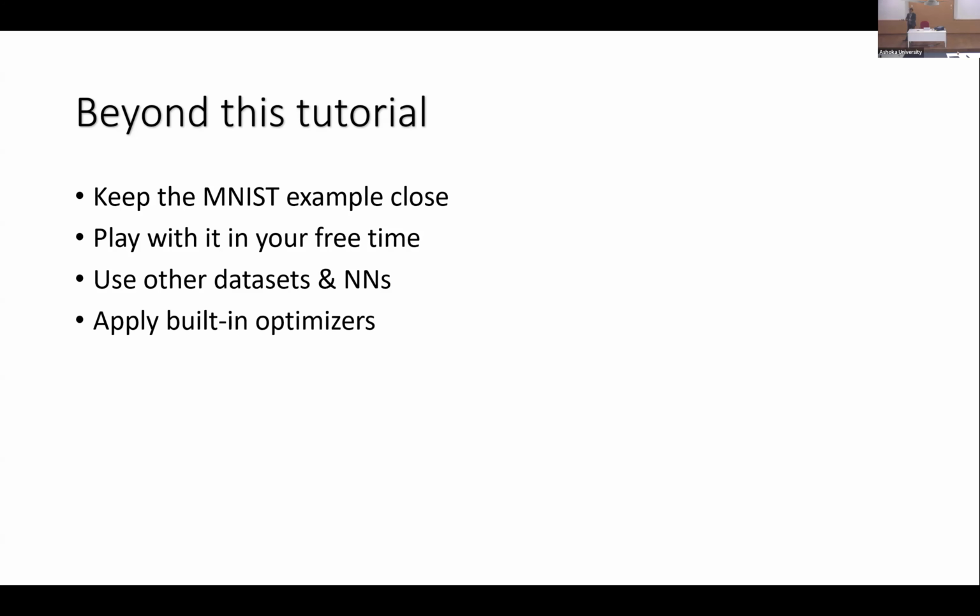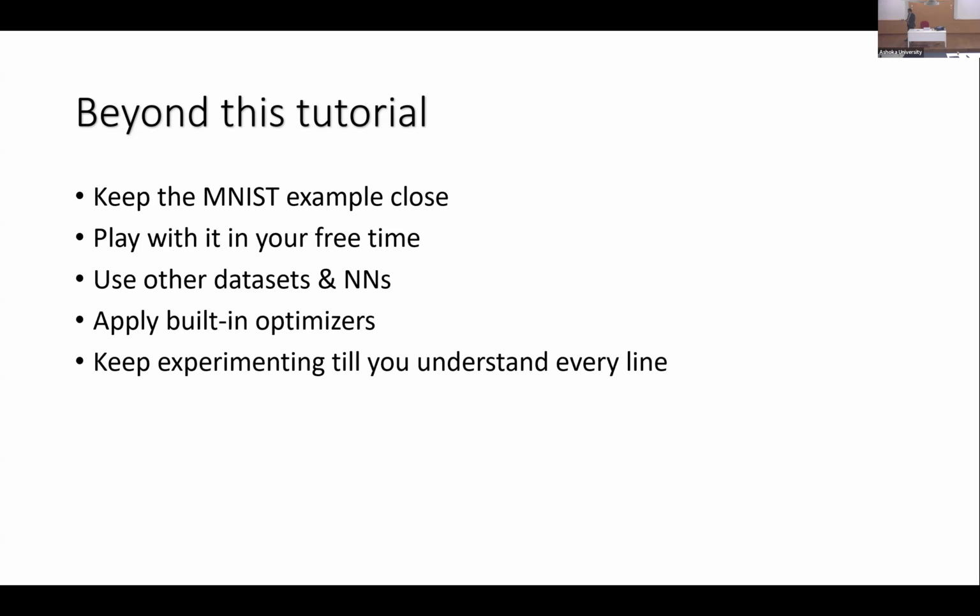So you implement SGD, and then you check out the built-in SGD implementation and see whether there is a difference. Sometimes the built-in optimizer will beat your implemented one because they use certain parameters which work well for MNIST, for example. So that is definitely possible. And keep experimenting till you understand every line.